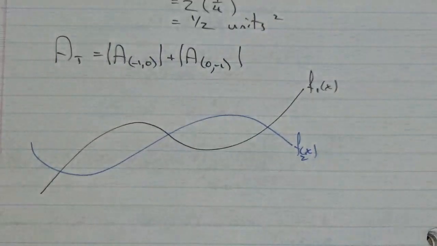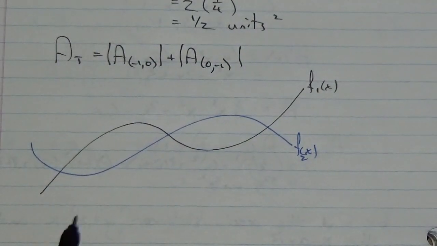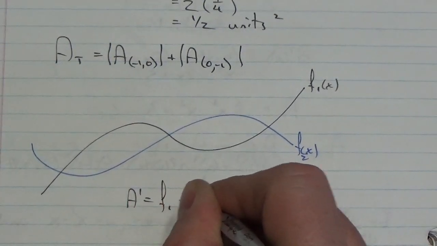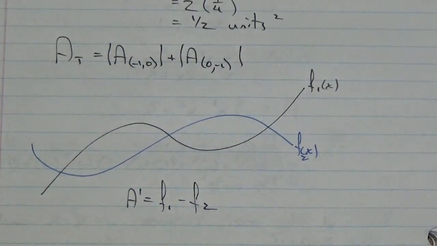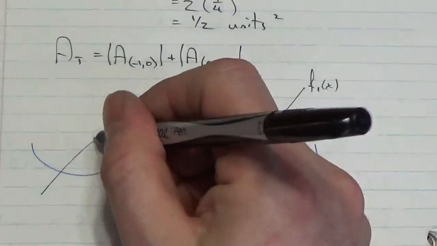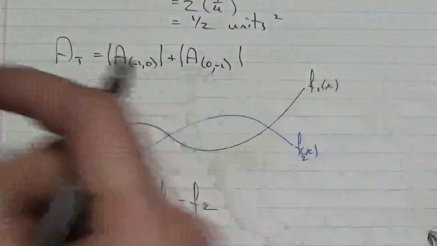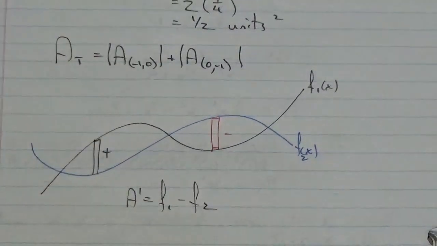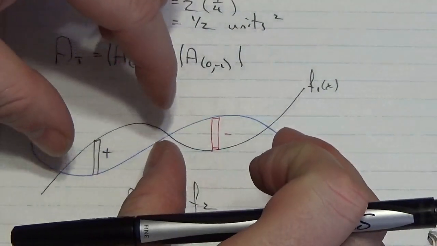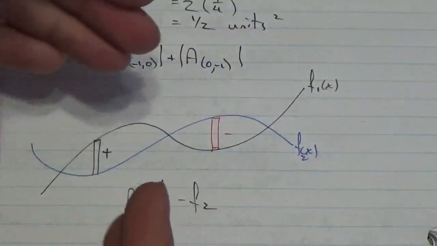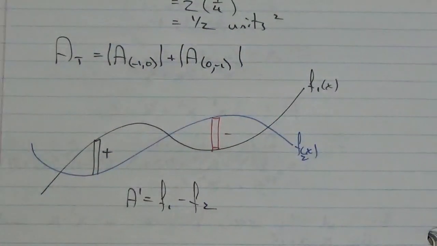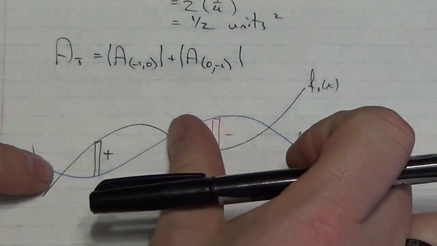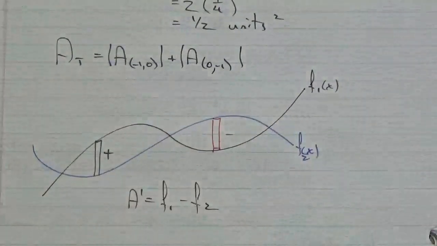If my area function is going to be f1 minus f2, then the height is going to be positive here, but it's going to end up being negative over here, because f1 is below. And so you've got to understand what's happening when the functions switch location vertically, and respond to that appropriately. So in that case, you'd have to split this up into these two intervals, and then make sure you take the absolute value appropriately.